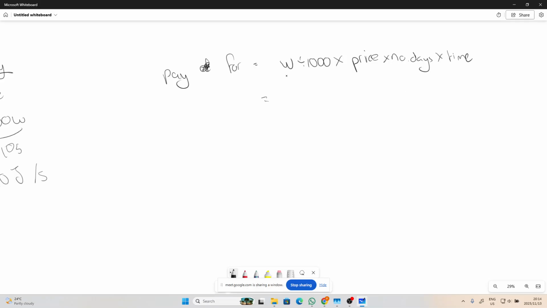So using a simple example, let's say I have my computer here. It was 60 watts. So 60 watts divided by 1,000. The price of electricity, let's say 3 rand to simplify things. I use it every day, so let's say 30 days. Time I use it for 5 hours.